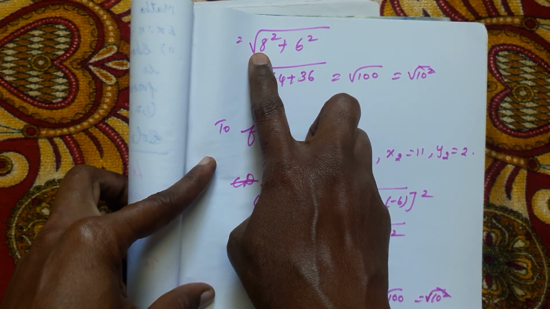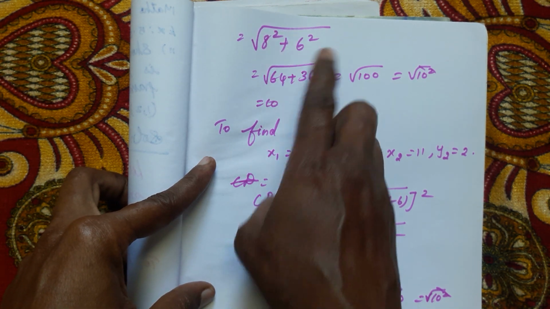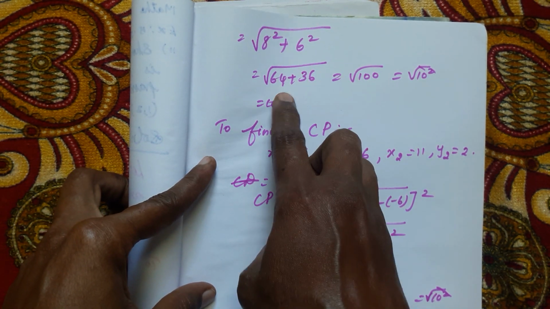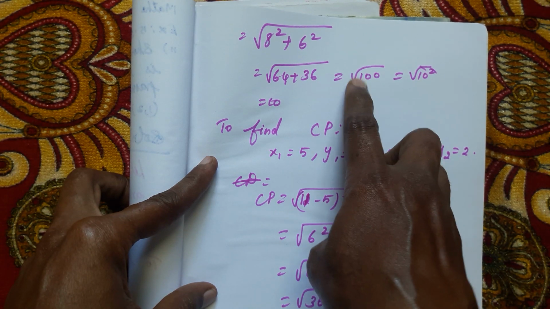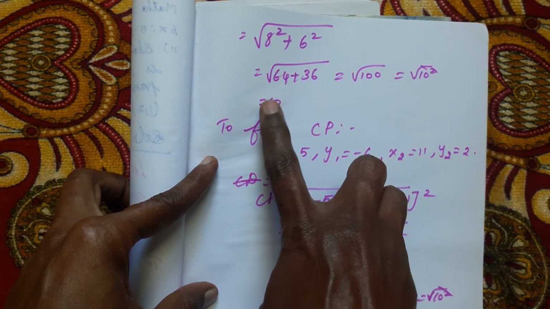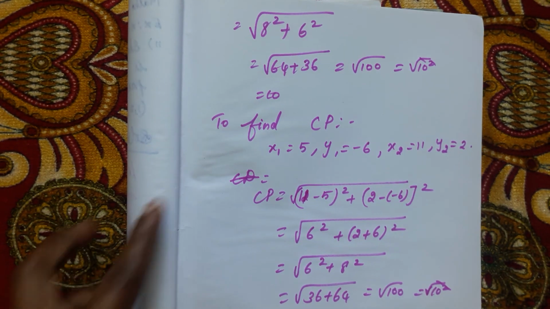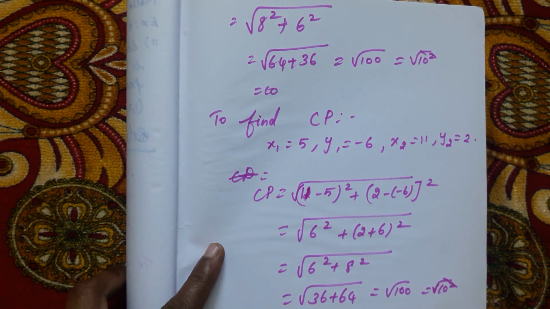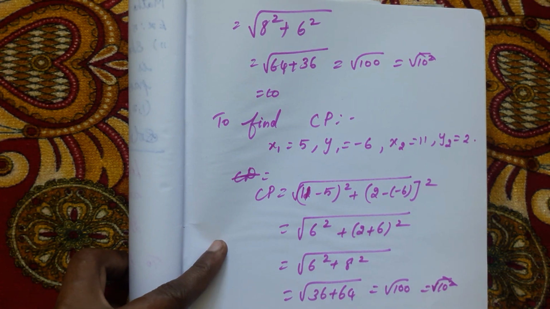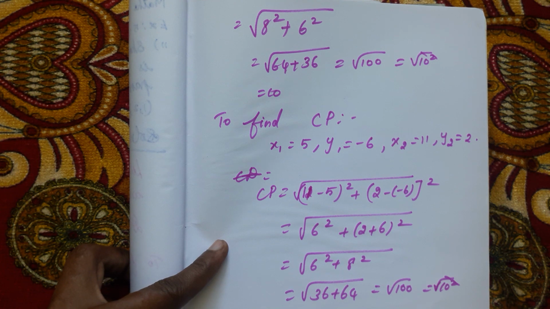It's equal to root of 8 square plus 6 square, which is root of 64 plus 36, which is root of 100, equal to 10. Here we got AP as 10, and BP also 10.